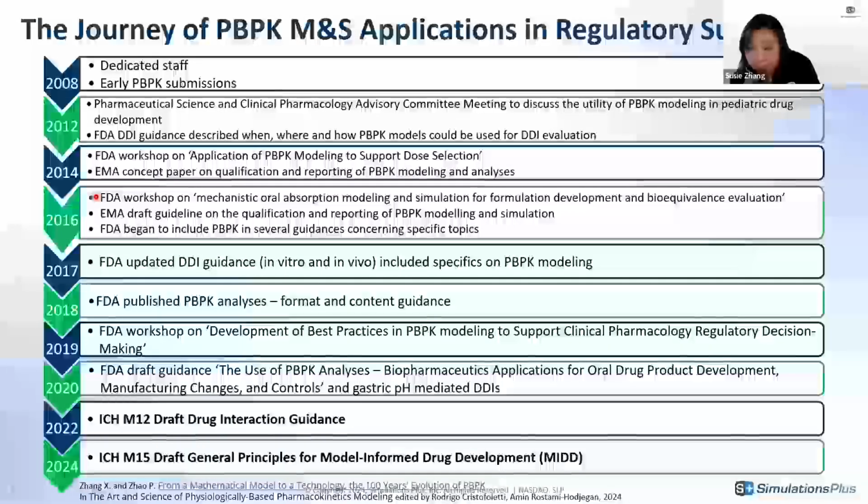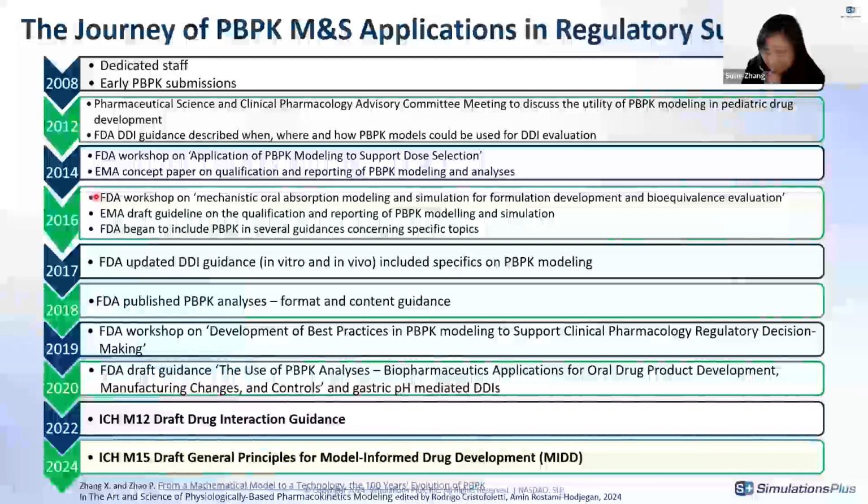And in 2024, which was last year, we're in 2025, I'm sorry, ICH finalized the drug interaction M12 guidance. Meanwhile, they published the M15 draft guidance on model-informed drug development. So the two most recent guidances, I would say, are the ICH M12 guidance and ICH M15 guidance, which are relevant to our topic today.